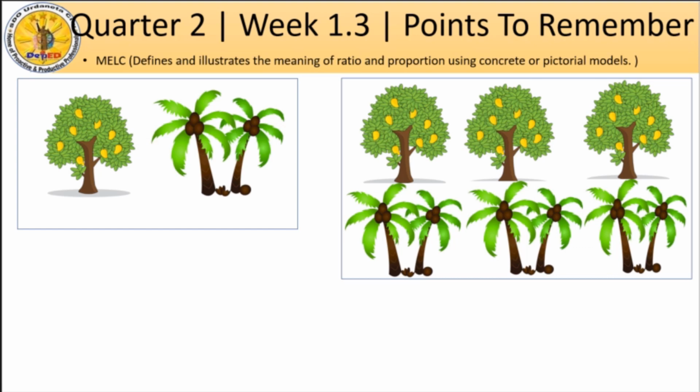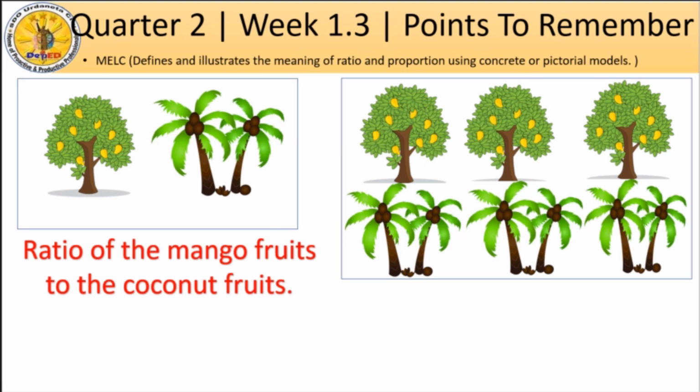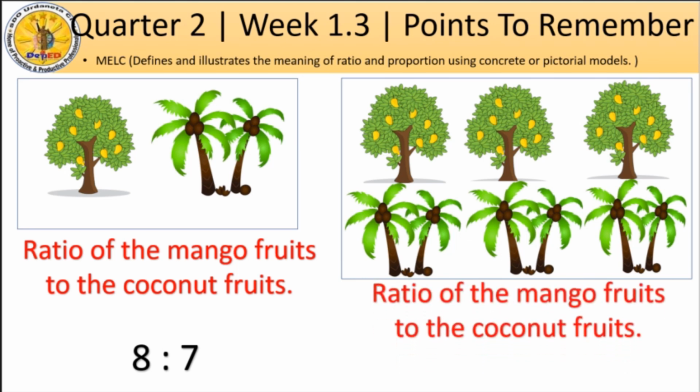Okay, let's proceed to the next topic. We have here two sets of fruit-bearing trees. In the first set, can you give me the ratio of the mango fruits to the coconut fruits? Correct. It's 8 is to 7. How about the ratio of the mango fruits to the coconut fruits in the second set of fruit-bearing trees? Very good.